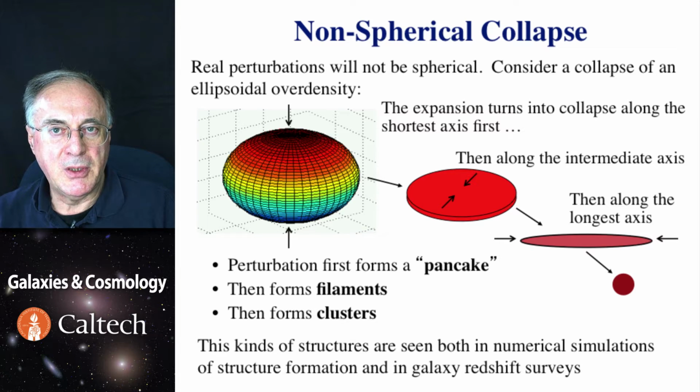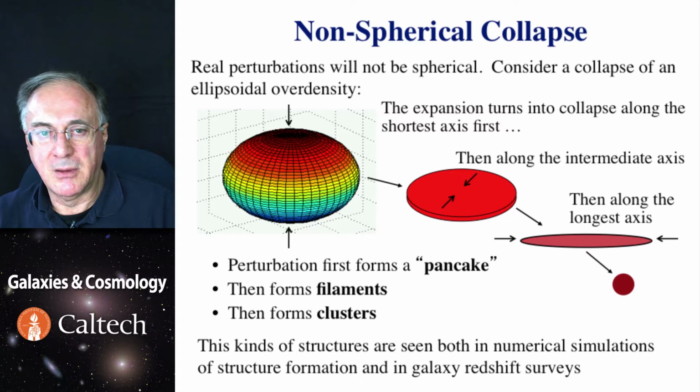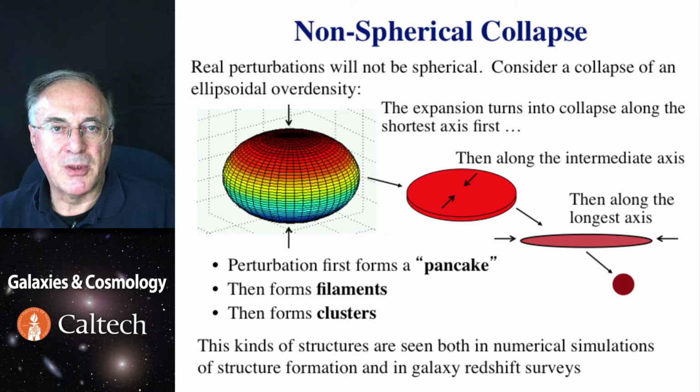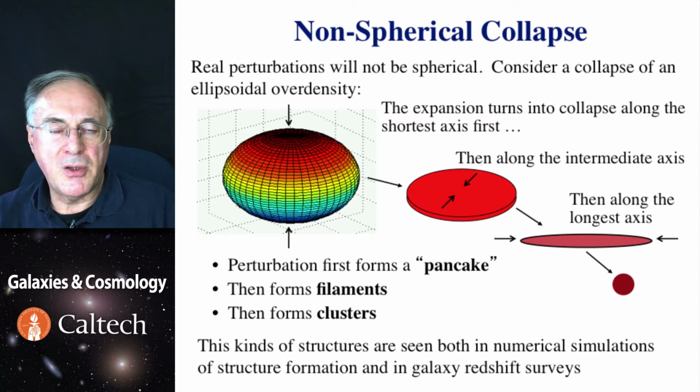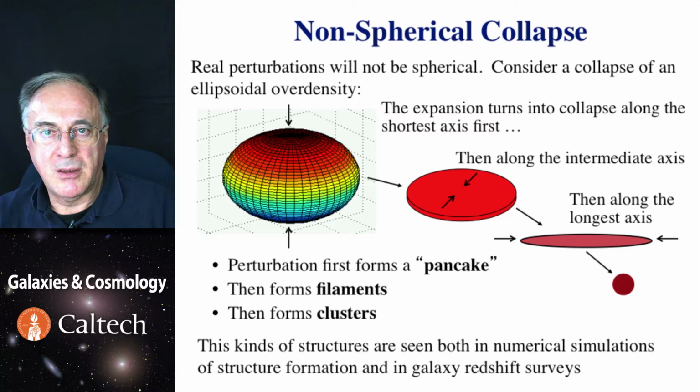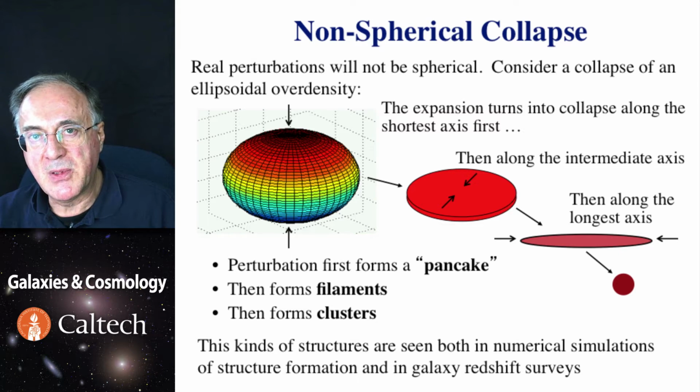So the structure will turn into a filament. Finally, the third axis turns around, and the protocluster collapses along that axis, and it will become, again, a quasi-spherical object in the end. This is the origin of the topology of the large-scale structure, that we see walls and filaments, and they intersect in things which really are clusters, and this is the simple reason why it happens.